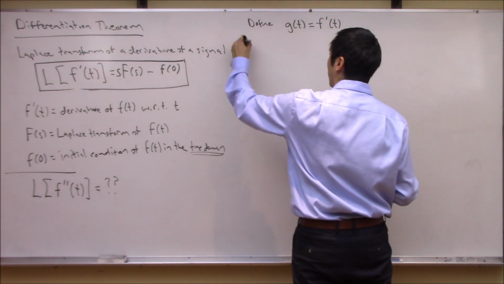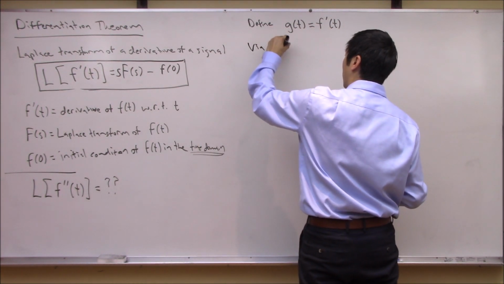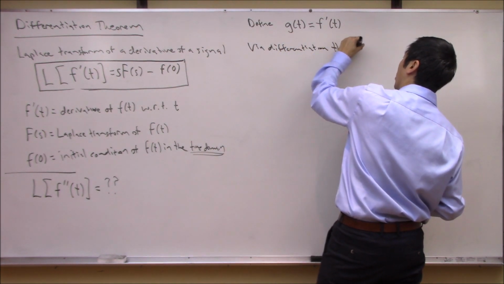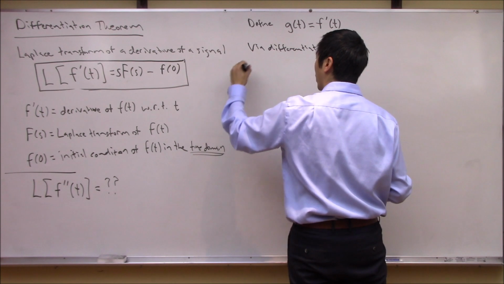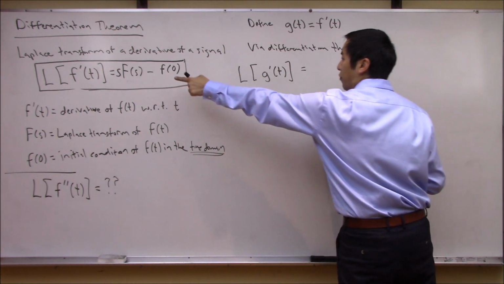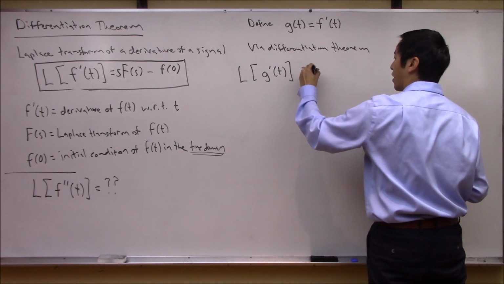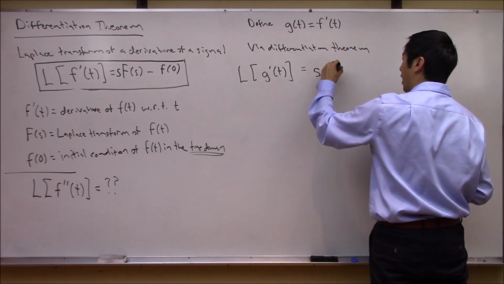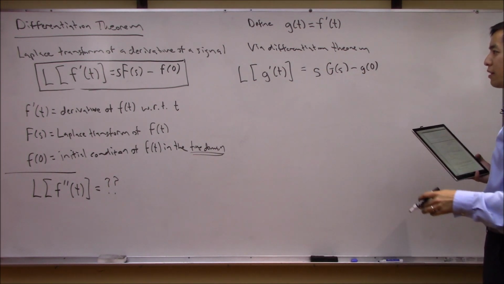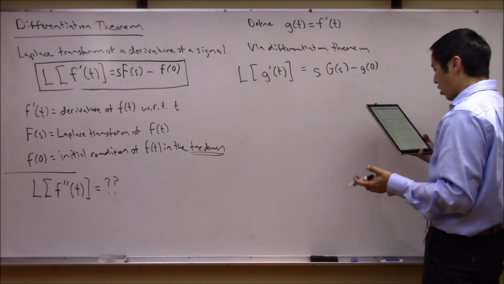Via the differentiation theorem, if I want the Laplace transform of g prime of t, well, the differentiation theorem we just saw says this is s times g of s minus g0, right? That's all we're doing, okay?